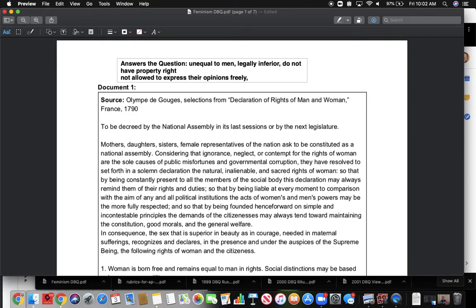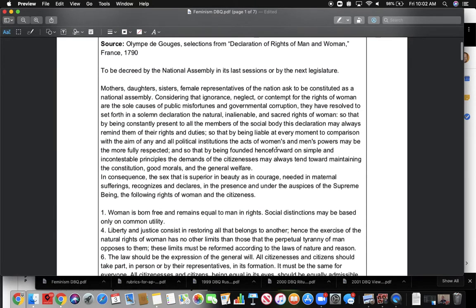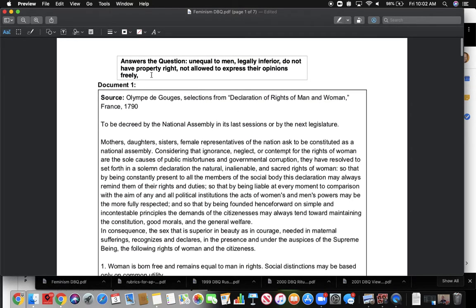They weren't expected to be speaking outwardly about things outside of the home. Again, property belongs to both sexes, whether united or separated. What that means is they didn't have property rights, and they especially didn't have property rights when it came to divorce.